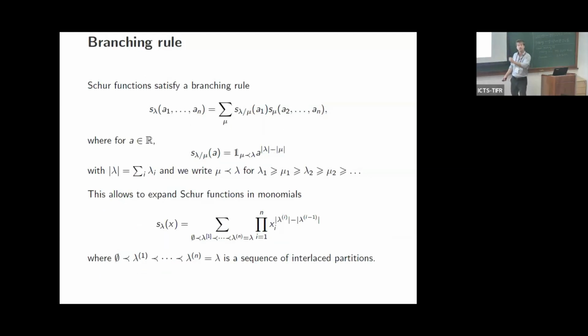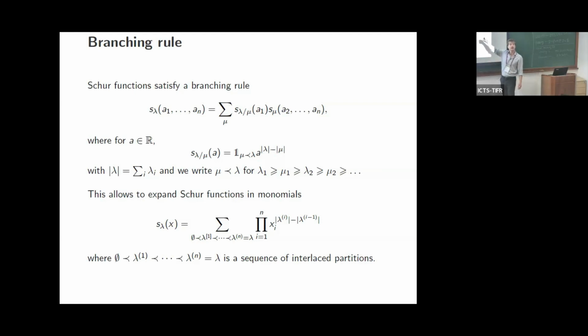And I want to consider a second one, and then we will see the interactions between these two properties. The second property is a decomposition of Schur functions into very simple monomials. To see how it works, one can use an identity which is the so-called branching rule. We'll just take it as a fact here.